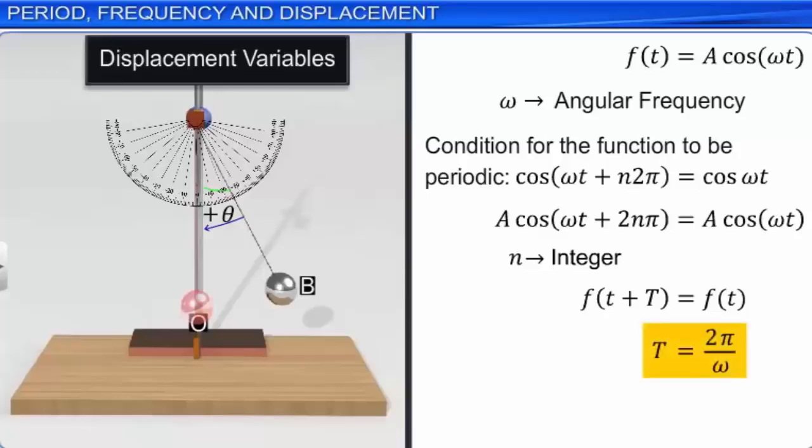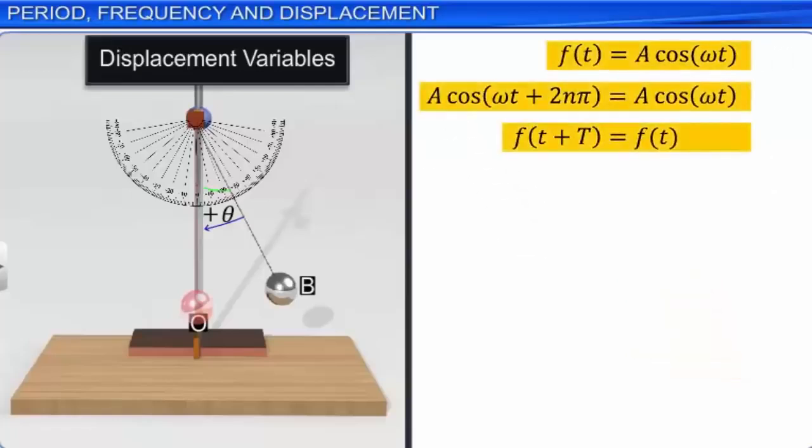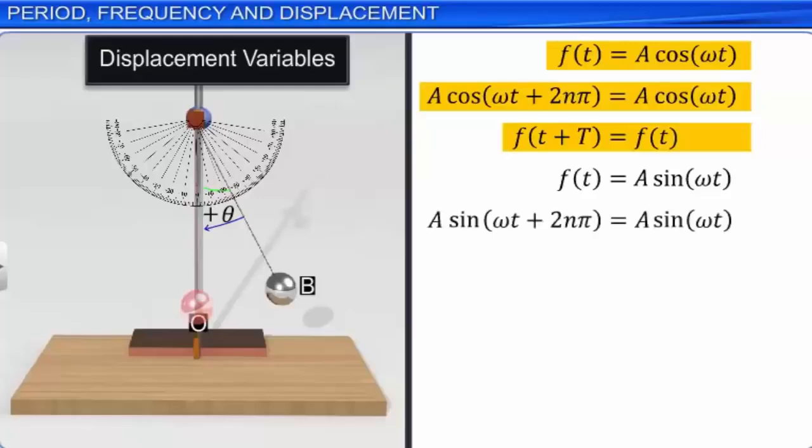The function f(t) = A sin ωt is also a periodic function, which implies that A sin(ωt + 2nπ) is equal to A sin ωt. A linear combination of two periodic functions is also periodic. For example, a periodic function can also be of the form f(t) = a sin ωt + b cos ωt, where a and b are constants.